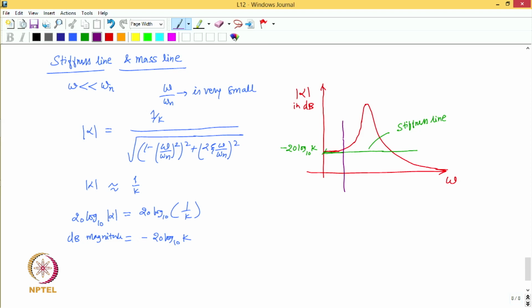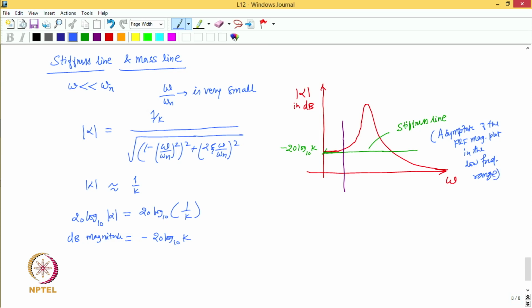So, this is basically the stiffness line, and it forms an asymptote of the FRF magnitude plot in the low frequency range.